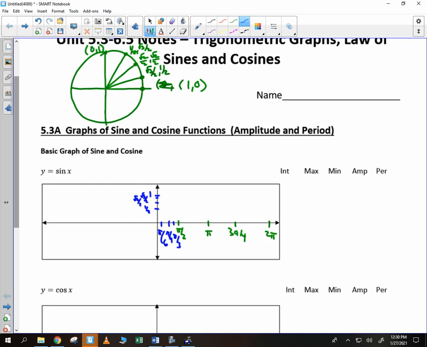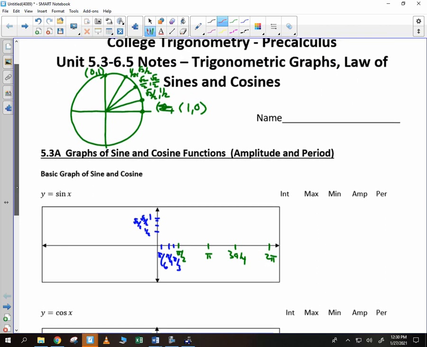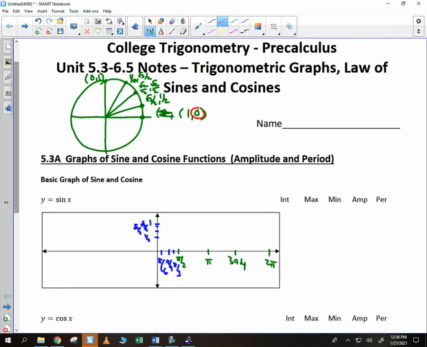Let's try and put those in there. I know it gets messy, but you'll get the idea. We don't have to mark those exact. But take a look at the y values. They go 0, 1/2, root 2 over 2, root 3 over 2, and then all the way up to 1.